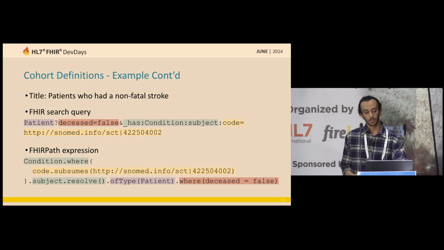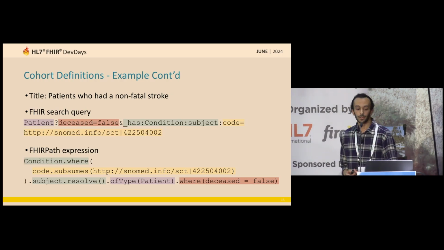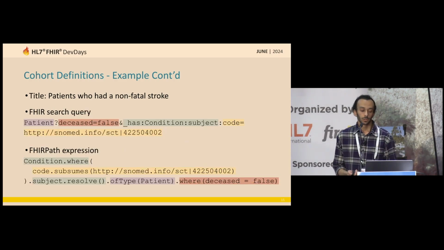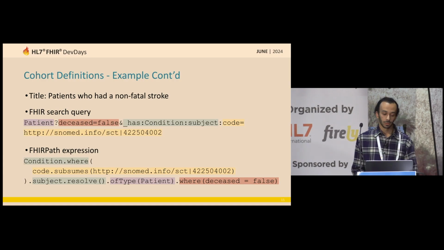As you can see, the same cohort definition can be expressed like this in FHIR search or FHIRPath. You can see here it's already much more compact compared to SQL on FHIR. I'll not go into much detail here about the query, but basically it's doing the same thing.